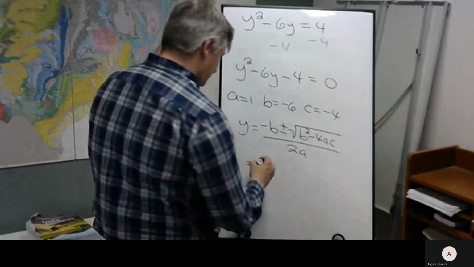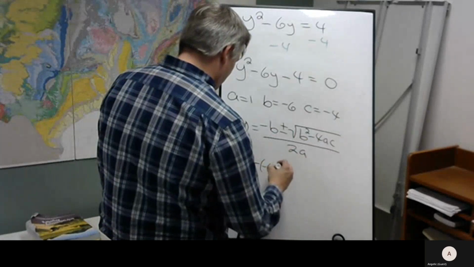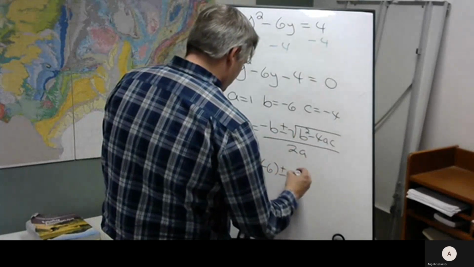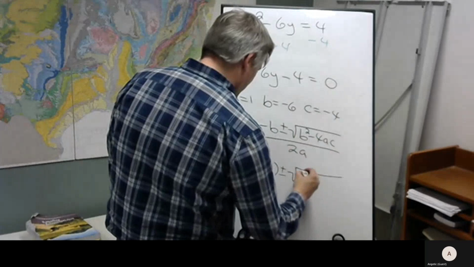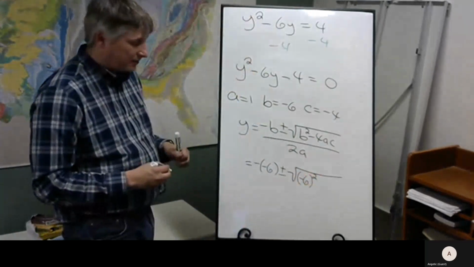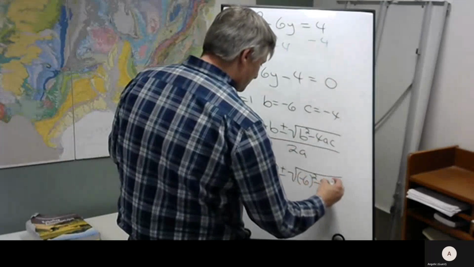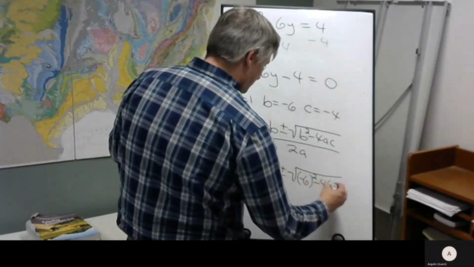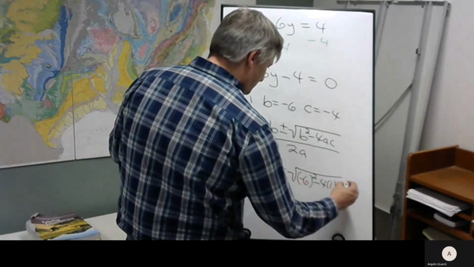So negative b, and then there's b squared minus 4 times 1 times -4.